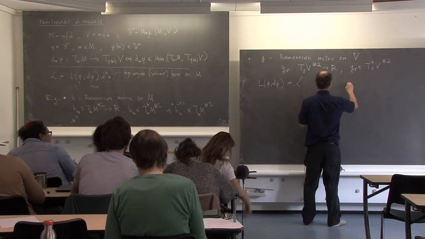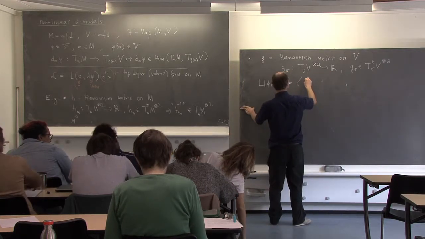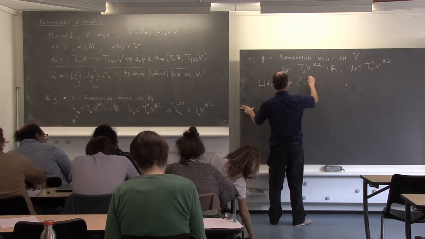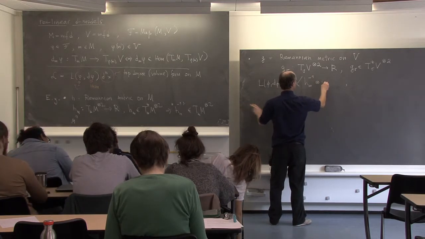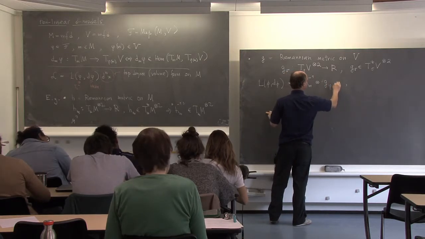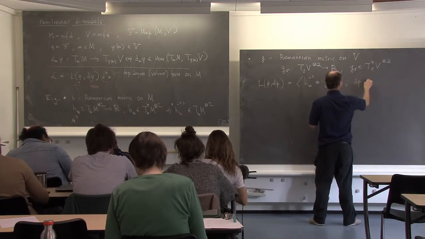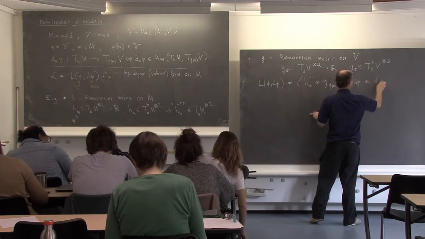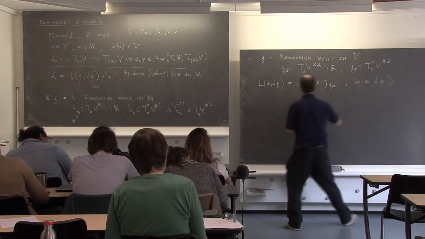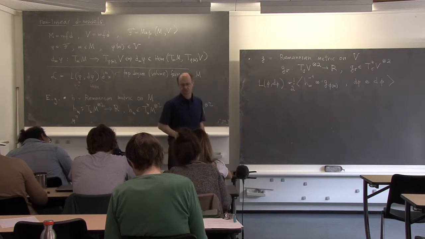It will be a pairing between hm minus 1 tensor G phi of m, and here d phi tensor d phi. Usually one puts 1/2.